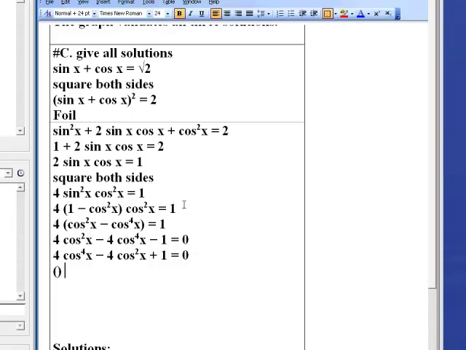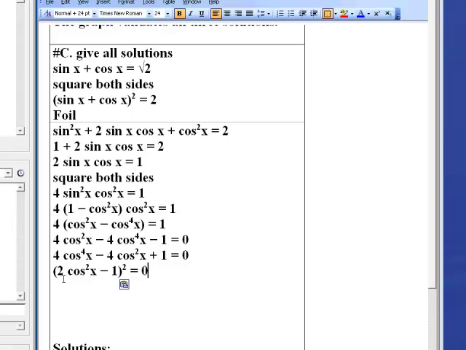I recognize that as a perfect square trinomial that looks as follows: 2 cosine squared x minus 1.